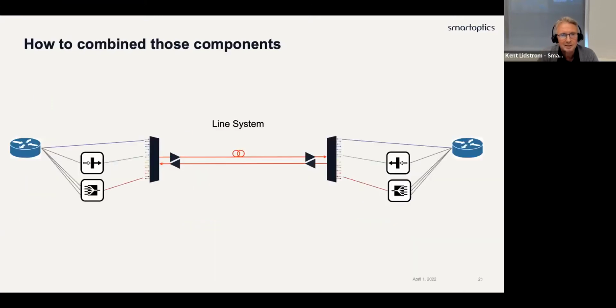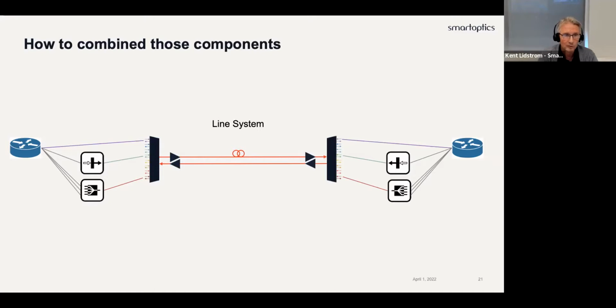You can jump to the next part there. So this is an example of how to combine those components on a higher level. You can form a line system using optical multiplexers together with amplifiers, for example, in order to bridge longer distances. You can run the wavelengths directly from the routers with colored optics, like the top shows there, typically referred to as IP over DWDM.